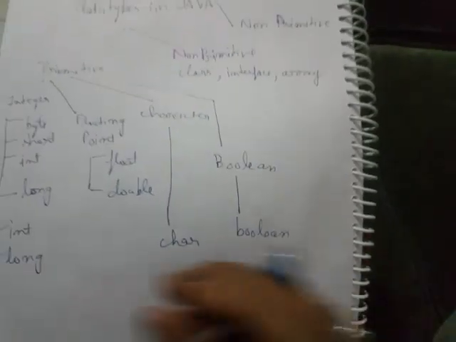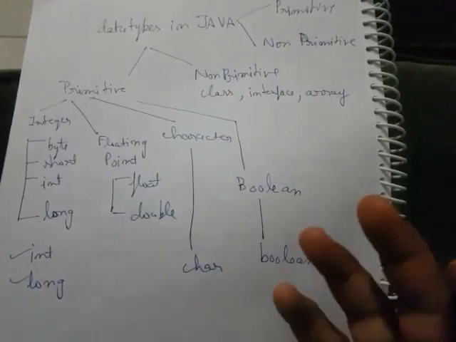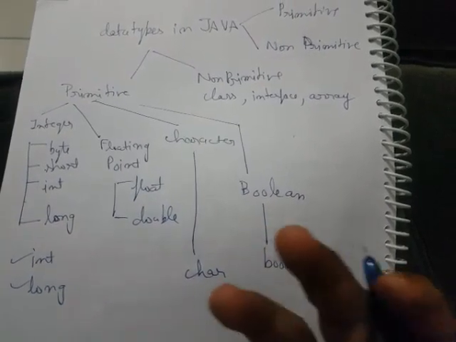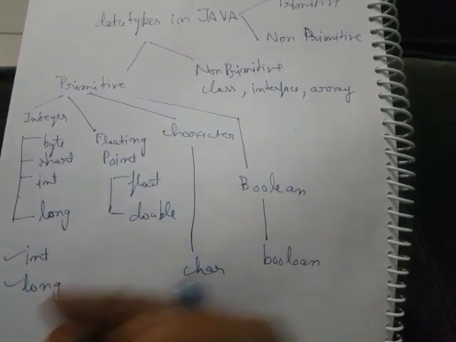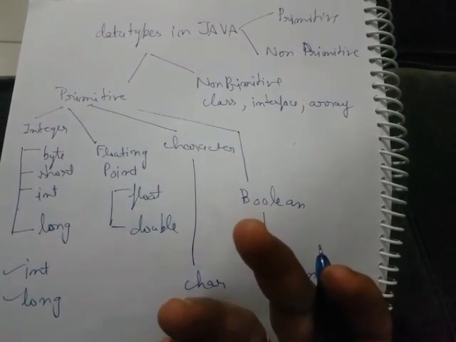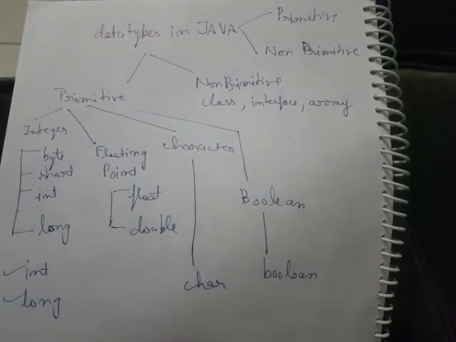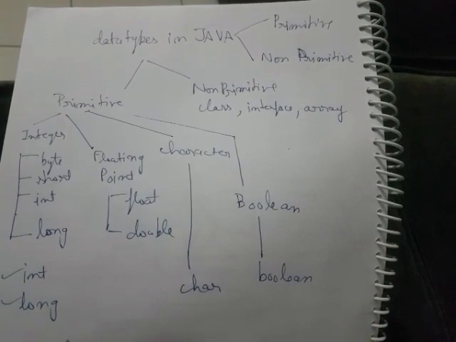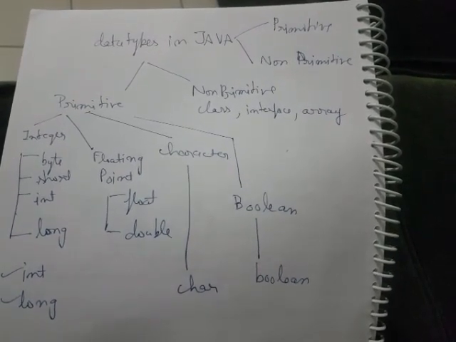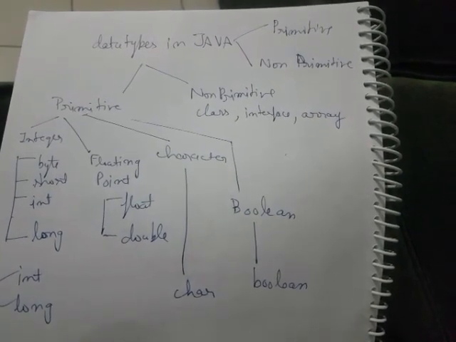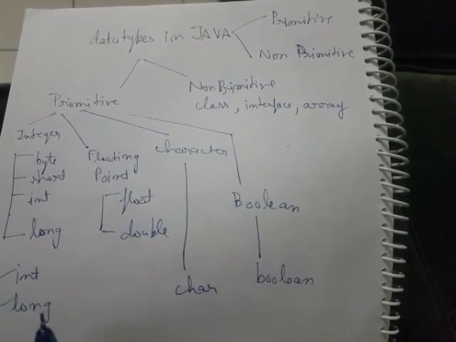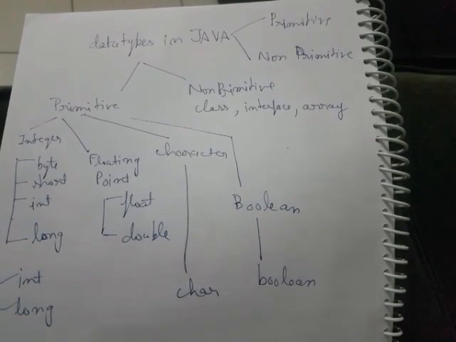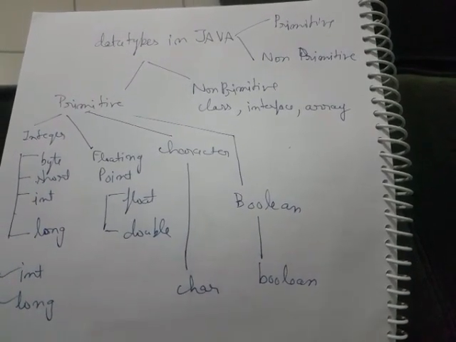So these are the data types. Now through different programs we will understand how to use all these data types with different variables, right? And whenever they are required, we will discuss these data types. Now after this, you need to understand how to work with these data types using different types of variables.